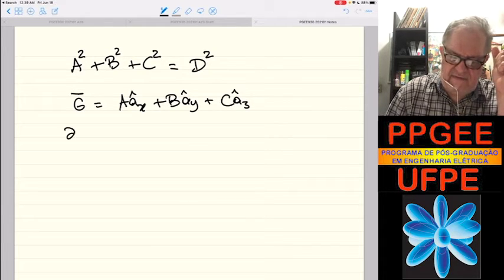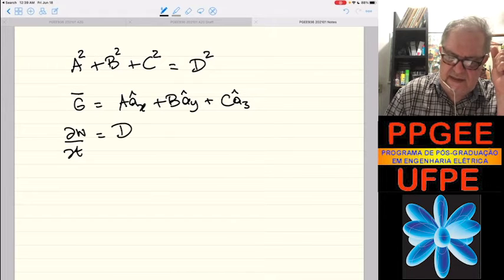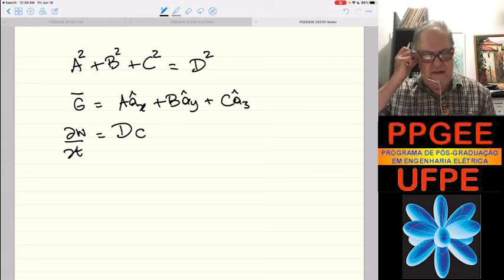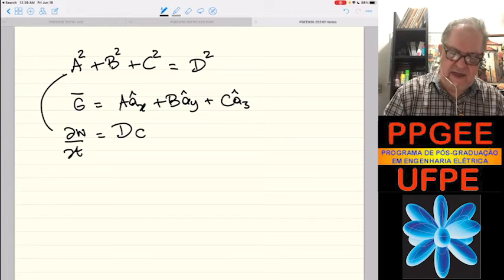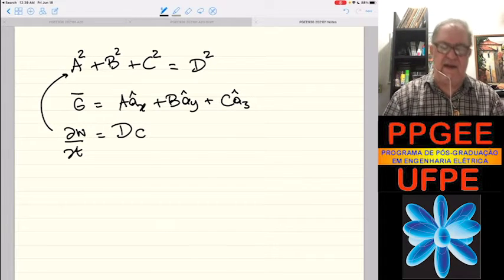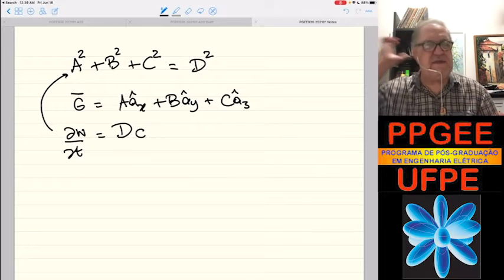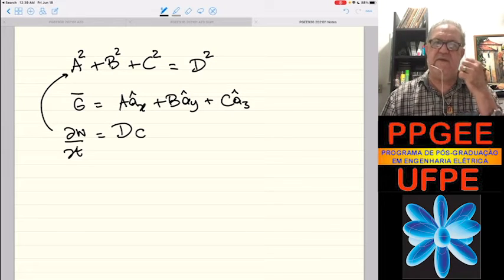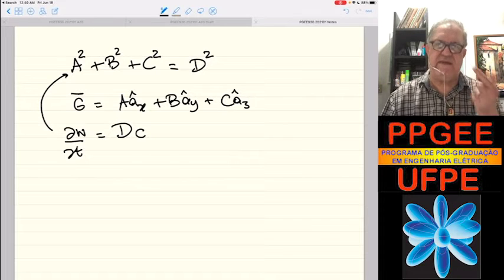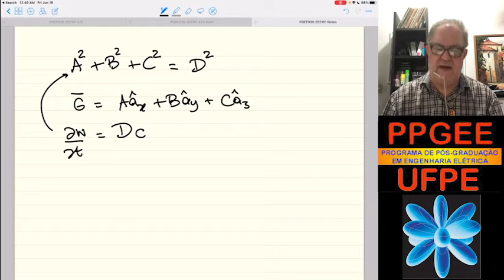And the derivative of W has to be D, a constant, times the velocity of light. So in this case, this relationship has to be valid. That's all I have to do, is choose the constants. So when I have both the first derivative of f not 0 and second derivative not 0, if I make this choice, I satisfy the wave equation, right?